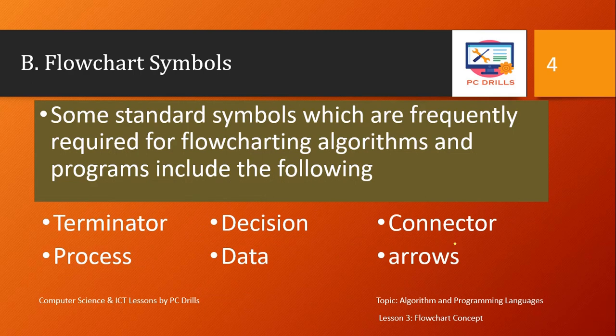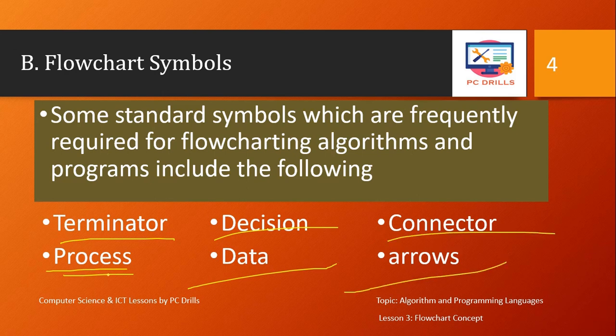For flowchart symbols, some standard symbols which are frequently required for flowcharting algorithms and programs include the following. We have terminator, a process, a decision, data, we have connector, and we have arrows. Each of these is being represented by a particular shape. So you cannot use the shape of a terminator to represent a decision. And you cannot also do that for any other one.